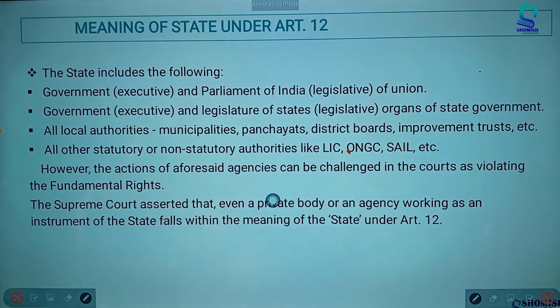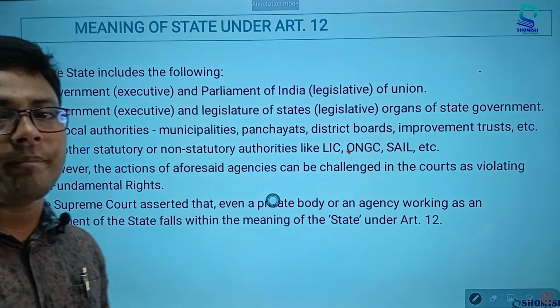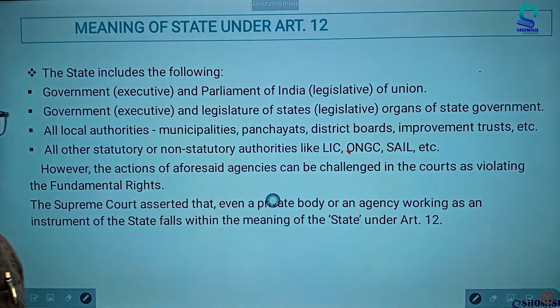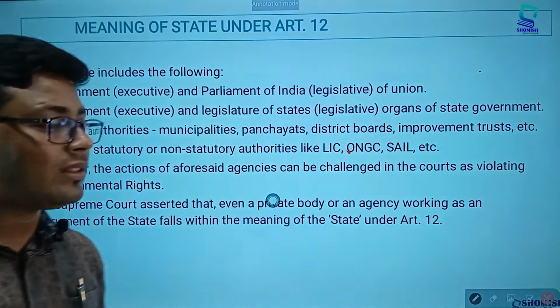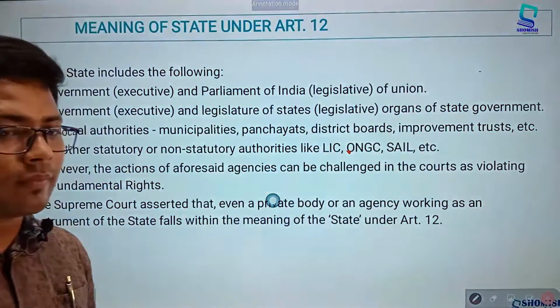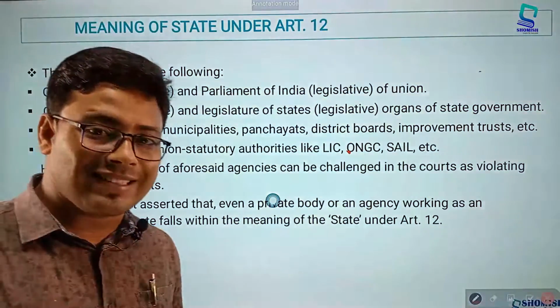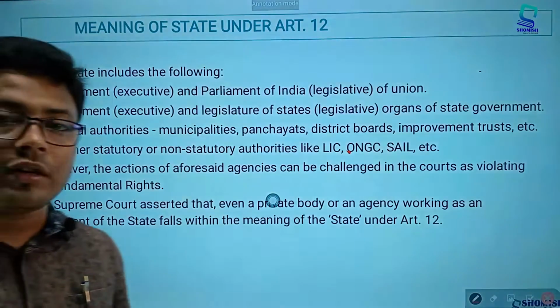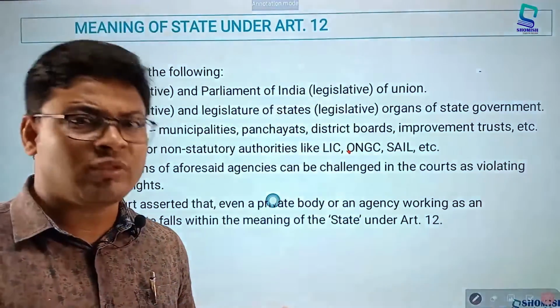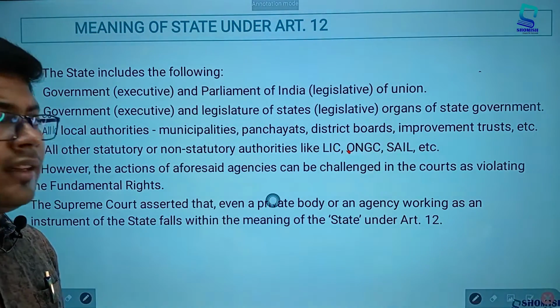Governments or the executives itself are one broad organ of India. The Union has one government, it has executive as well as its legislature, and for the states of India the same thing happens. It is the executive and the legislature.